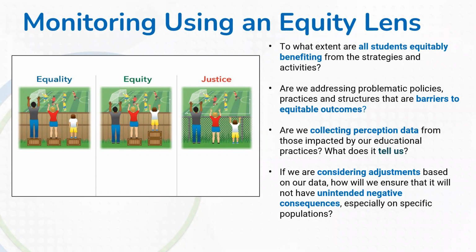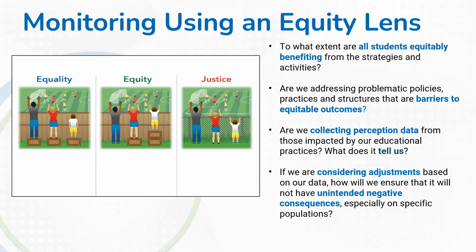For example, to what extent are all students equitably benefiting from the stages and from the strategies and activities? Are we addressing problematic policies, practices, and structures that are barriers to equitable outcomes? Are we collecting perception data from those impacted by our educational practices?